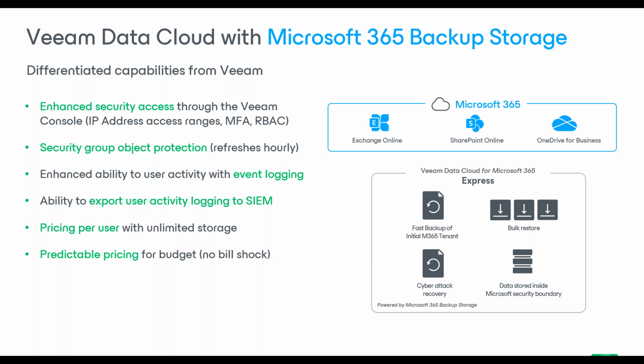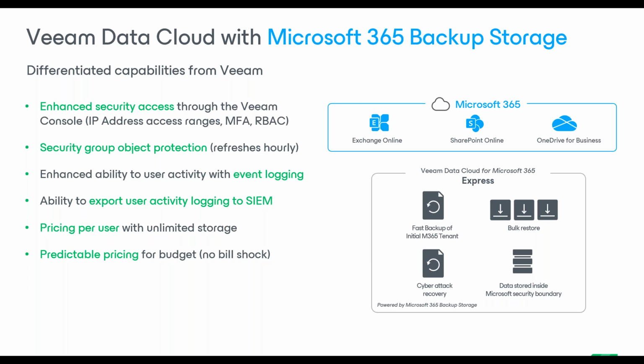We also support dynamic backup policy, specifically for distribution lists and security groups. Traditionally in Microsoft 365 backup, if you start to back up a security group or distribution list, when you add someone into the group, they won't be added into the backup policy that is already running for that particular security group.